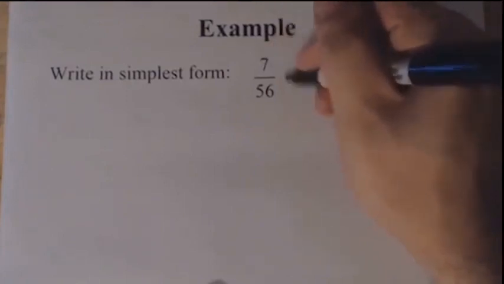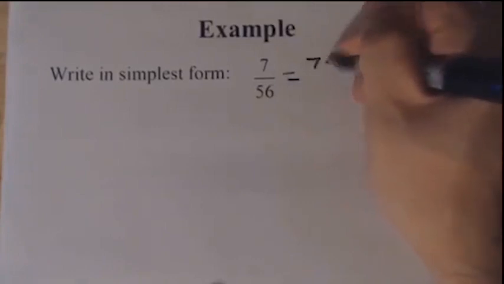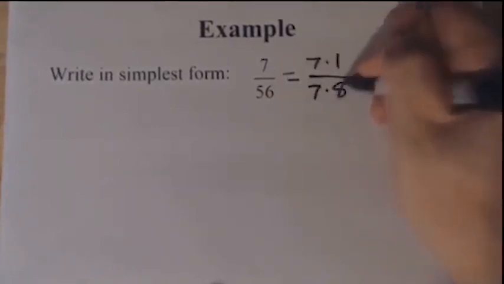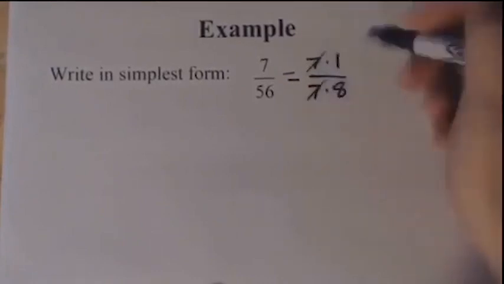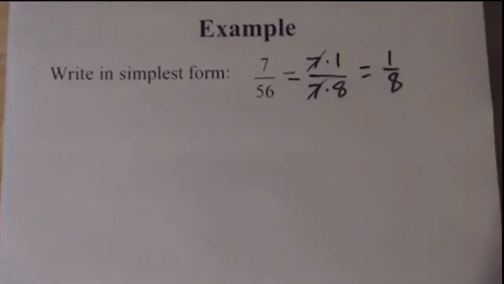So first, we have 7 over 56. The first method would have us realize, hey, 7 is 7 times 1 and 56 is 7 times 8. Those 7's cancel, leaving us with 1/8. But we would have to realize 7 is a common factor.